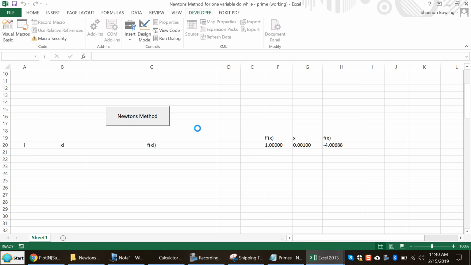Yeah, maybe that'll work. Do you see why 0 was a bad guess? Because the derivative at 0, it's a horizontal line and it never crosses the x-axis. So your next guess is infinity. So it's like, well, how do you fix that?